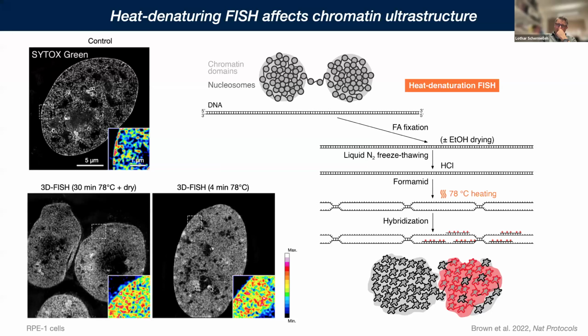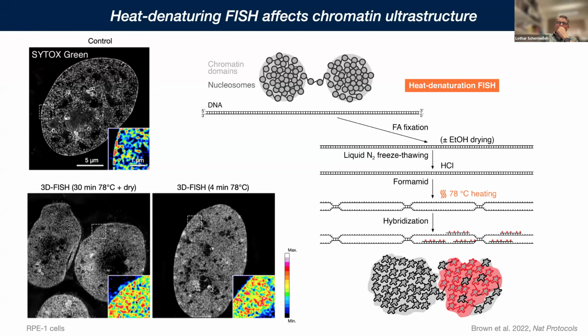One big question is how this landscape relates to topologically associated domains, and therefore we have to apply FISH. One thing that we knew already from the past, but assessed a bit more systematically, is that classical FISH techniques based on heat denaturation do affect that fine structure.